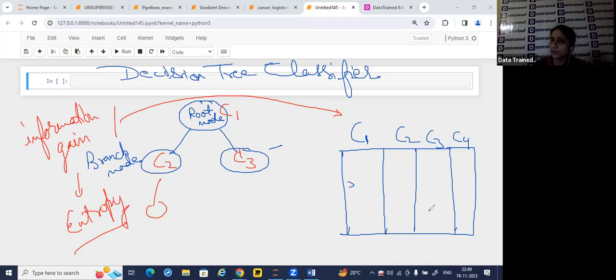Again, mathematical formulas are working. In the decision tree classifier, we have two techniques to find the information gain: one is Gini, another is entropy.